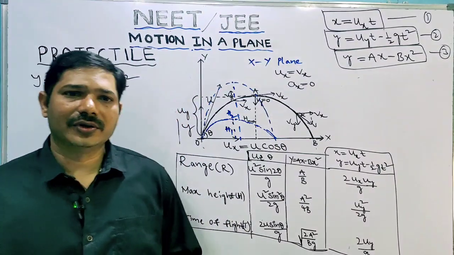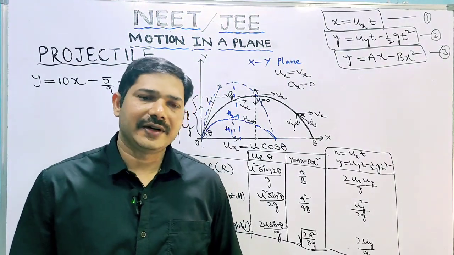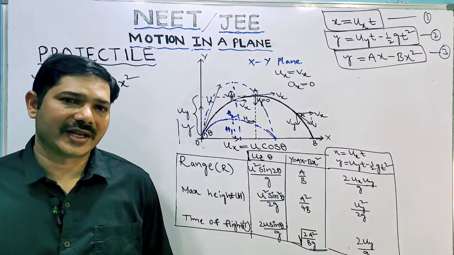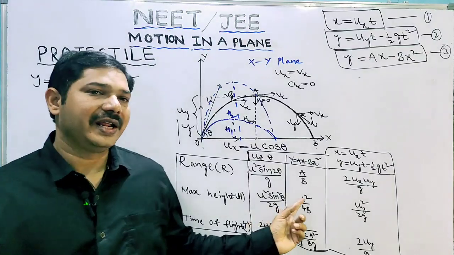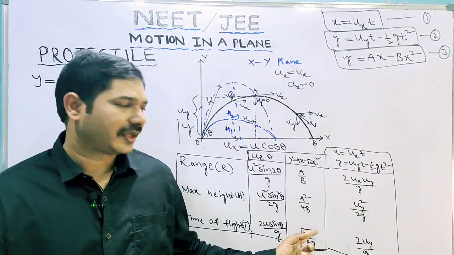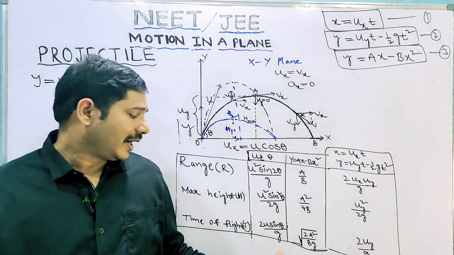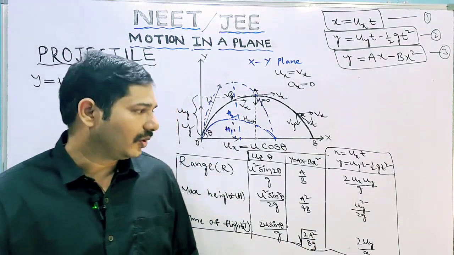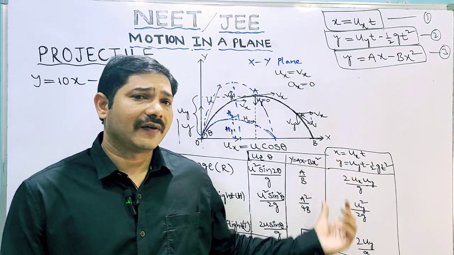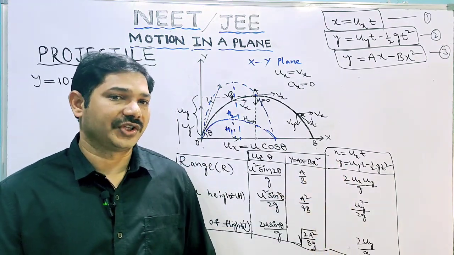Here a, b we know already: a is tan theta, b is g by 2u square cos square theta. Like that only, maximum height is a square by 4b, and time of flight is under root 2a square by bg. Okay, these are the formulas for the projectile equation.